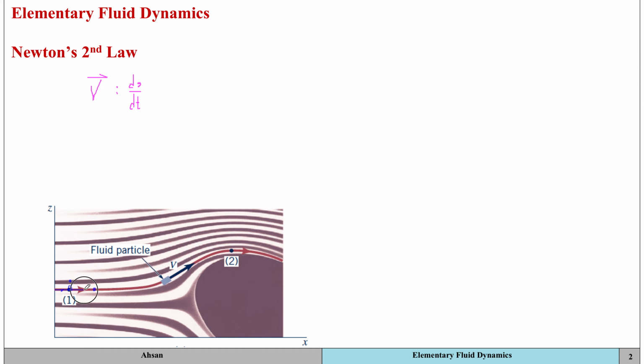So this is, let's say, one streamline that we're looking at. And then the neighboring particles will have their own streamlines. So instead of trying to describe the particles in the xz coordinate system, we can make our analysis easier by describing our flow in terms of these streamline coordinates.